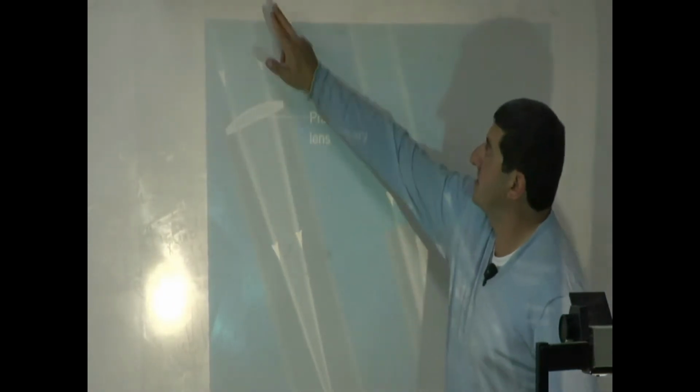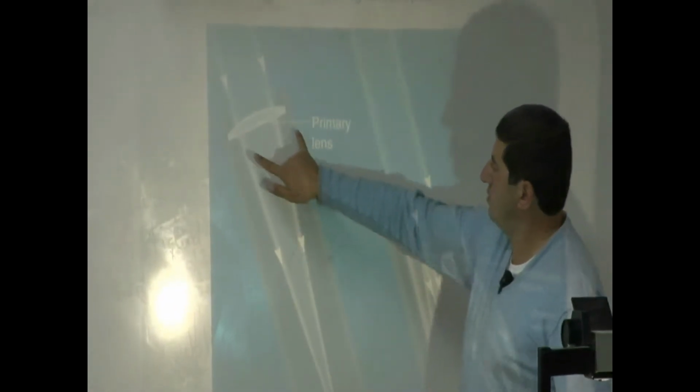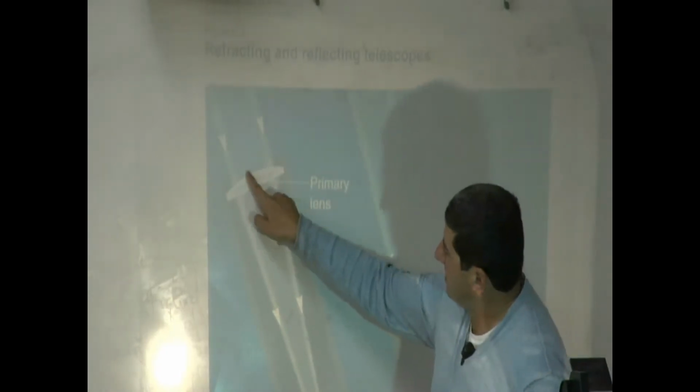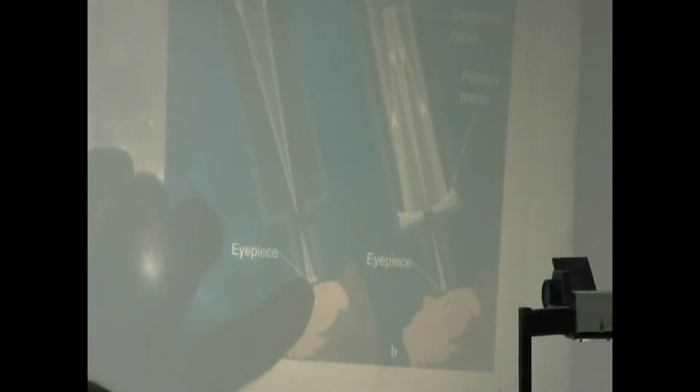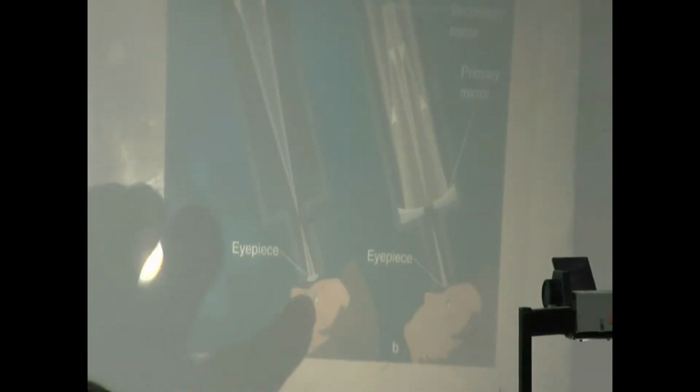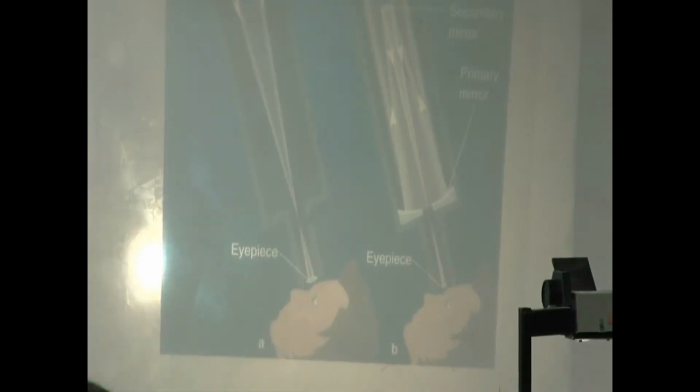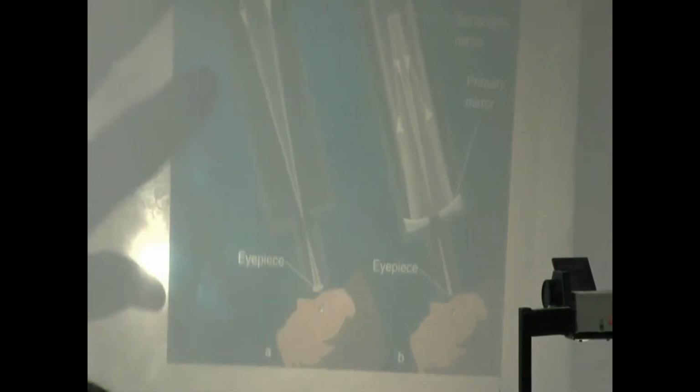This left one is the refracting. So what do you notice here? You notice there's a curved lens called a primary lens. The light goes through that curved lens, and it forms an image here at the focal point of the lens. And then your eyepiece takes that image and forms an image through your eye, and then you get to see it. So it has an eyepiece, it has a primary lens.